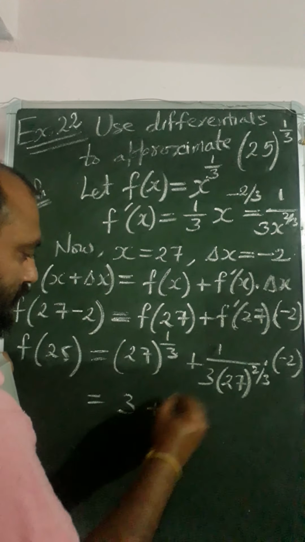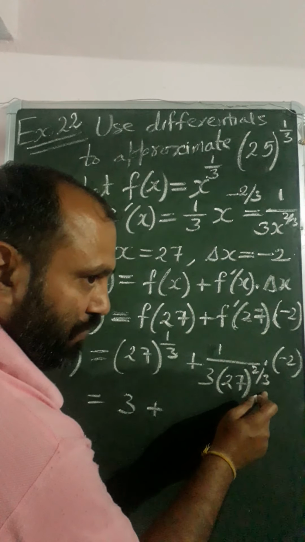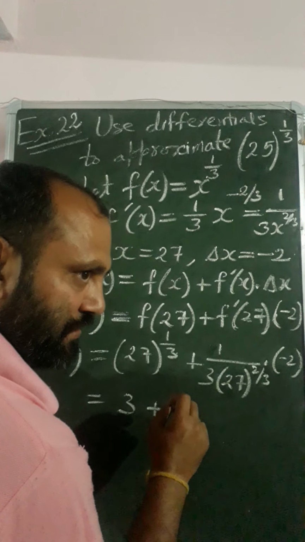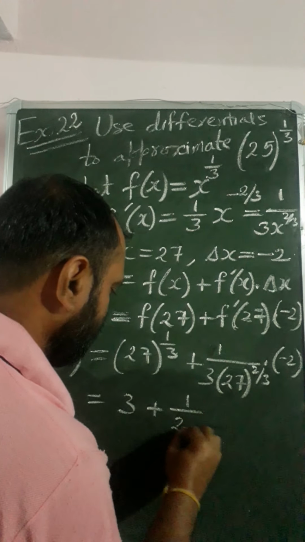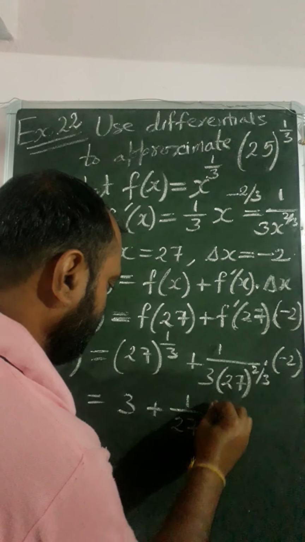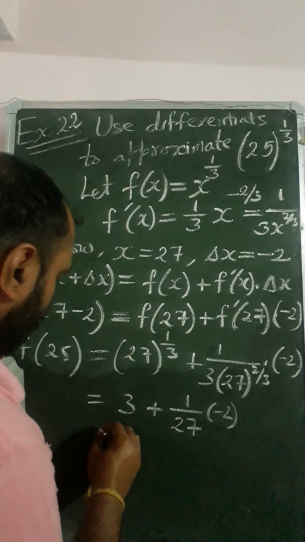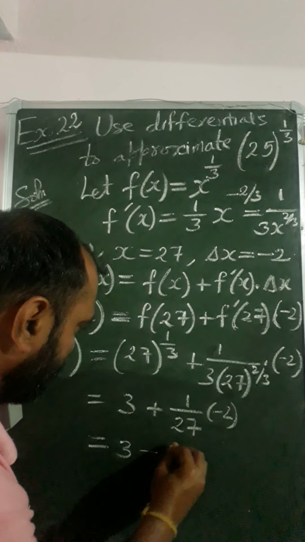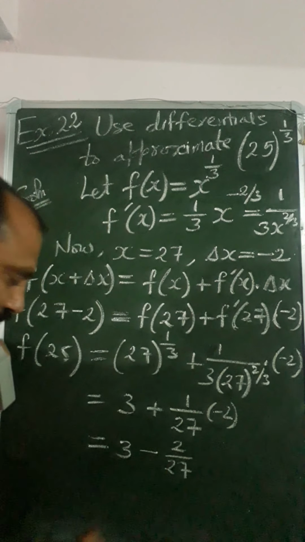As you know, its answer is 27 raised to power 2 by 3, which is 3 raised to power 2, that is 9. 9 into 3, that is 27 into minus 2. Now when you simplify this, this becomes 3 minus 2 over 27, right?